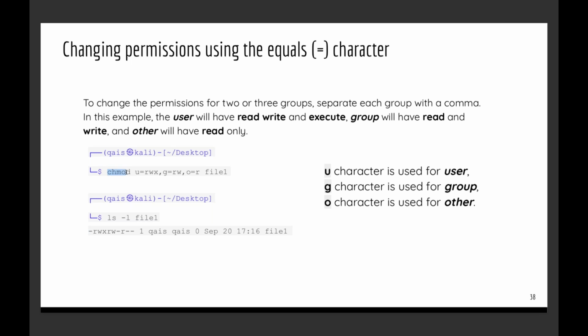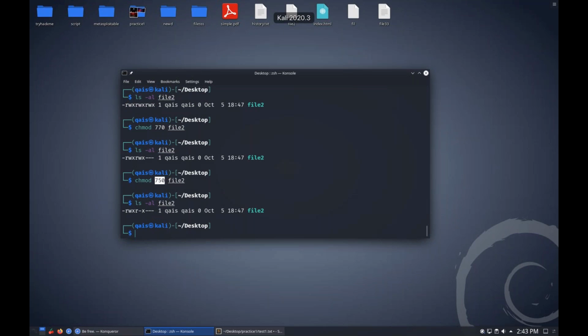So see, I have typed chmod, change modification, or assign permission to user and group. User has full permission, group must have read write permission, and others should have only read permission. On which file? On file 2. Let's do it.